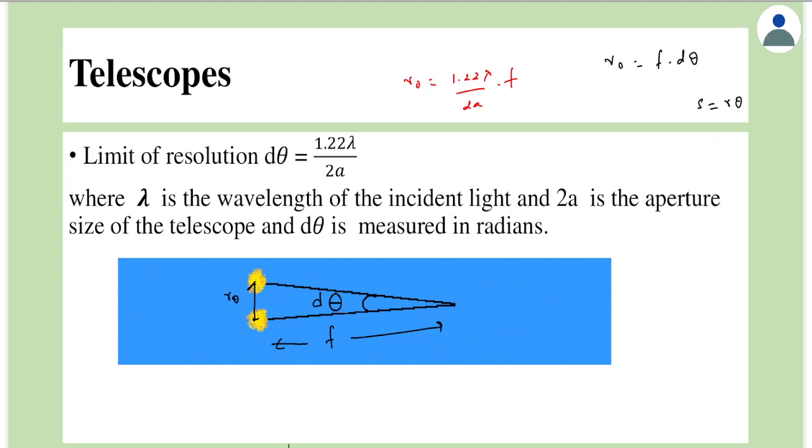This is the arc length in this case. So comparing these two, we can say that 1.22 lambda into f by 2a is equal to f into d theta. From this f gets cancelled. Therefore, the limit of resolution which we learnt as d theta is equal to 1.22 lambda by 2a. This is the form for limit of resolution.